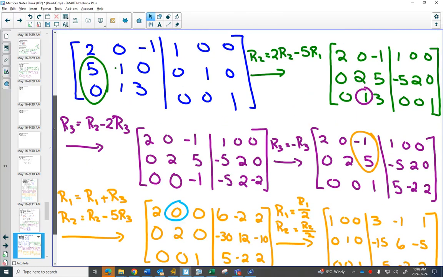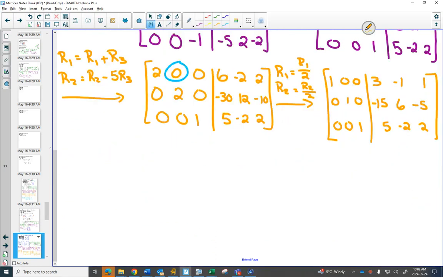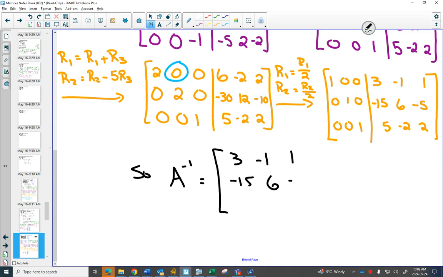Did we label our original matrix as A? So A inverse should be 3, negative 1, 1, negative 15, 6, negative 5, 5, negative 2, 2.